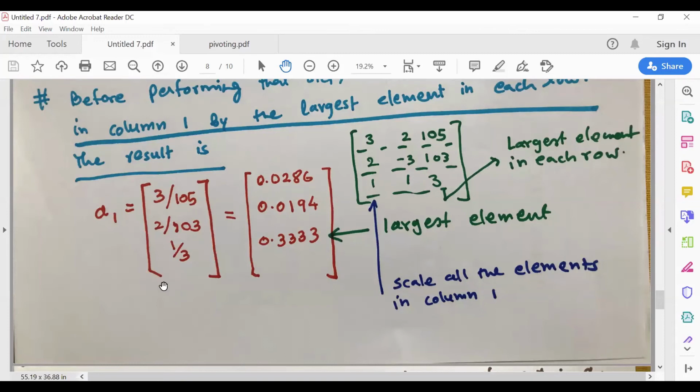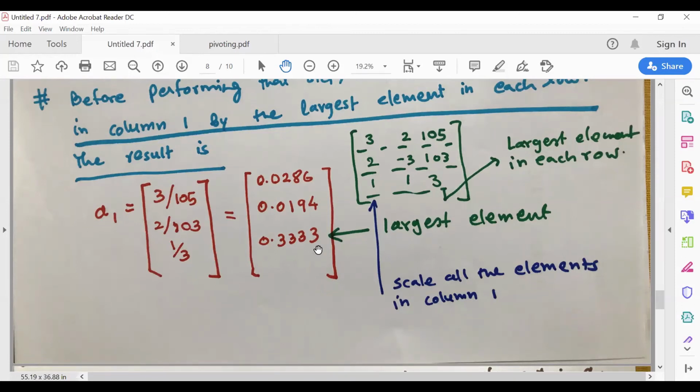So you can see here in matrix A1: 3 by 105, 2 by 103 and 1 by 3. Now calculate these normalized numbers. The first gives you 0.0286, the second gives you 0.0194, and the third gives you 0.333. Which one is the largest among these three? 0.333.